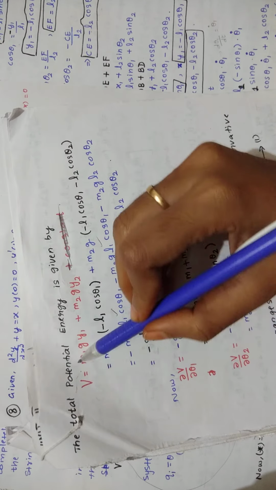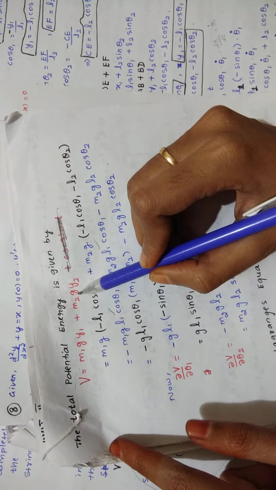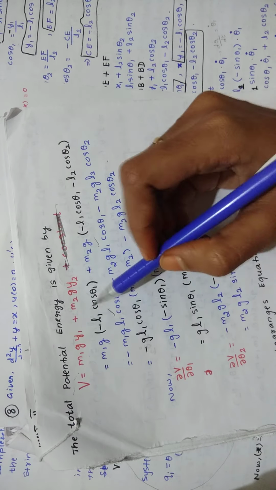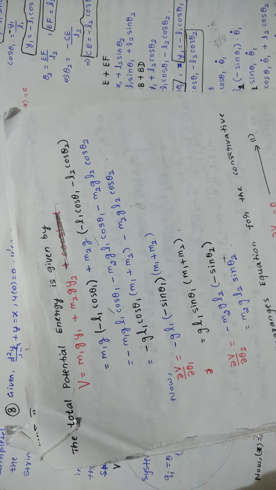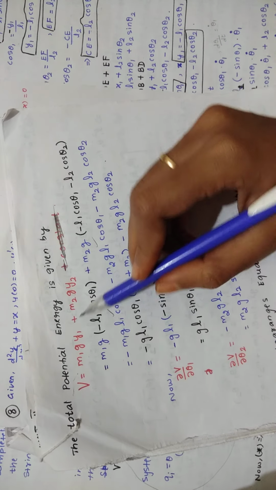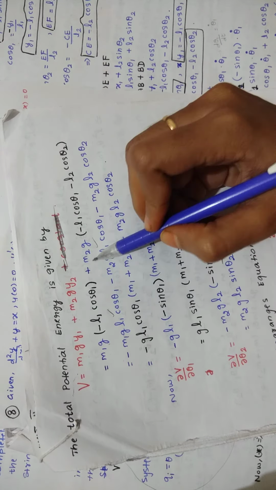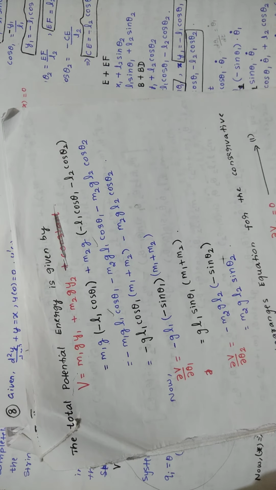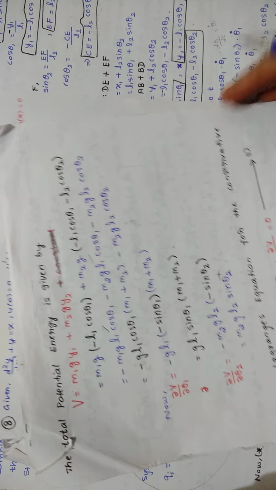So here you are writing the formula. This is the formula. Now it is equal to m1g, as it is, because we don't have values for that, so write as it is. In the place of y1, substitute the value of y1 that you found in the very beginning of this derivation, and then plus m2g, and in the place of y2, substitute the value of y2 that you found in the very beginning of this derivation.